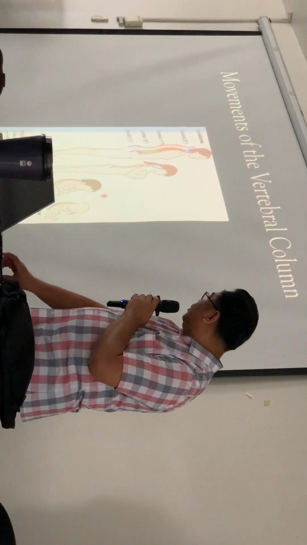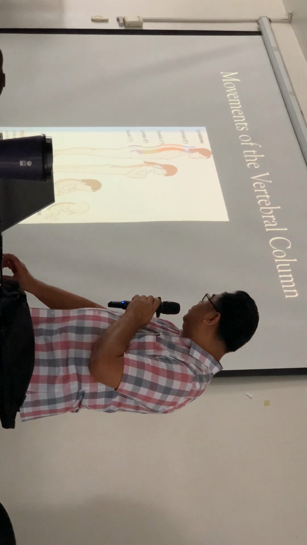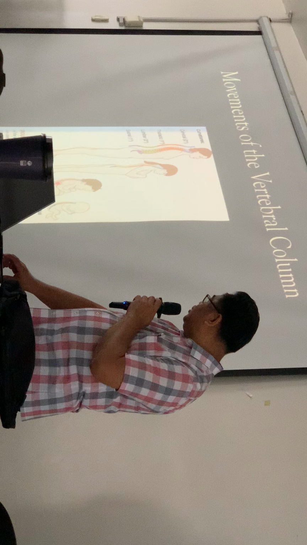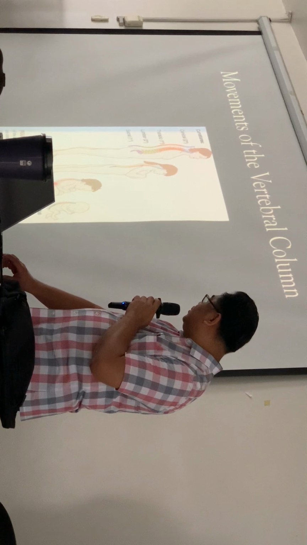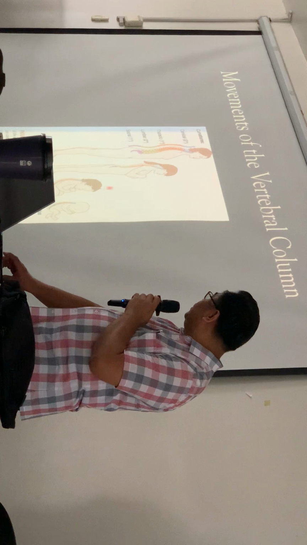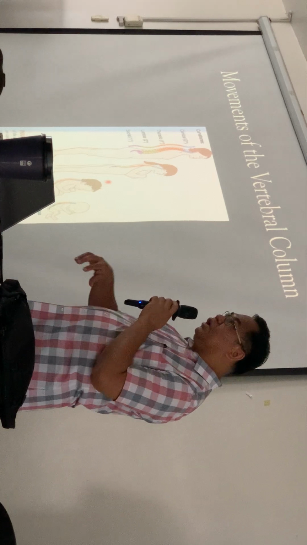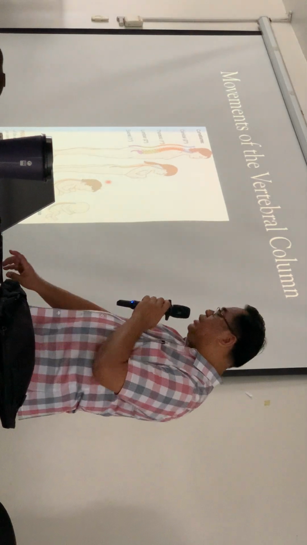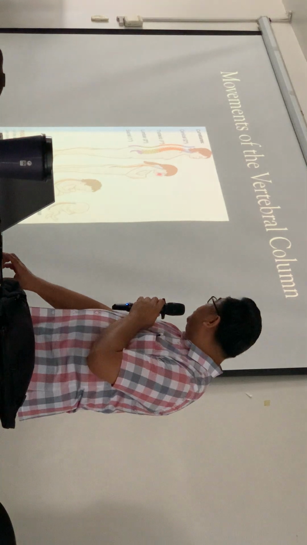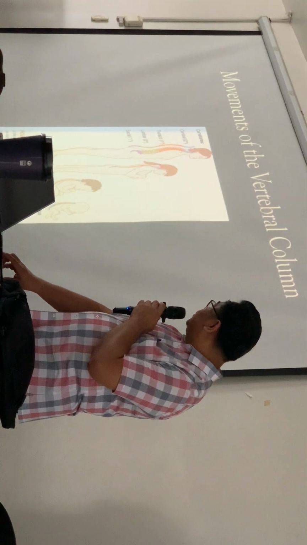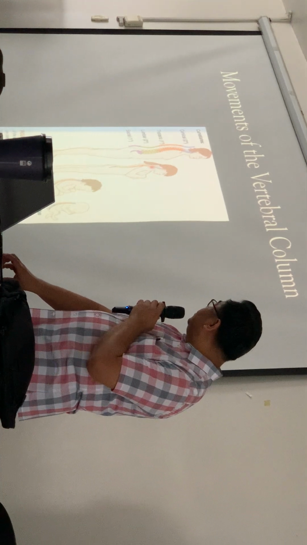And in the newborn, because of postural changes, we develop this lordosis in the lumbar. And then as we grow older and are able to stand up against gravity, we also have the cervical lordosis.